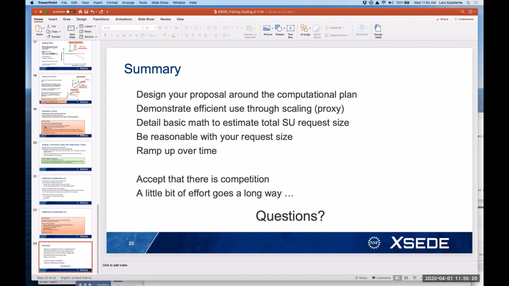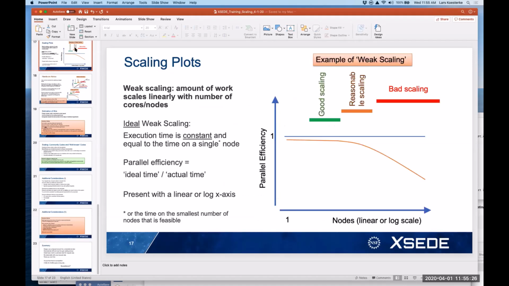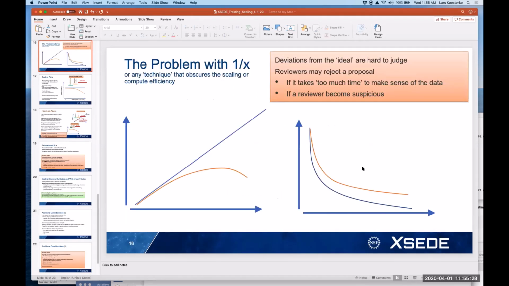The timing itself, as the timing decreases, is a 1 over x relationship. So it's more like this one here on the right-hand side. And you can already see that is very hard to judge. If I asked you what the scaling efficiency is between the point on the left and the point on the right, I have to put in a lot of effort, and there's a lot of uncertainty.